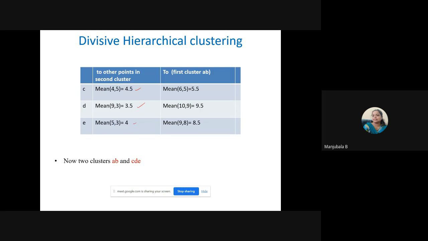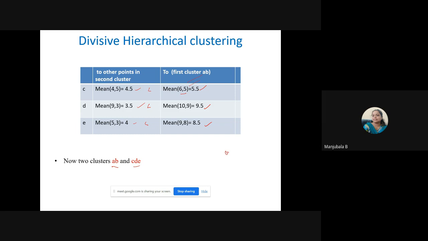And C to AB, for points A and B, mean of 6.5. This is 5.5. This is 9.5. This is 8.5. So now you see all values: this is less than, less than, less than. That means no point from CDE will move to the cluster AB. So what we are getting here is only two clusters, AB and CDE.